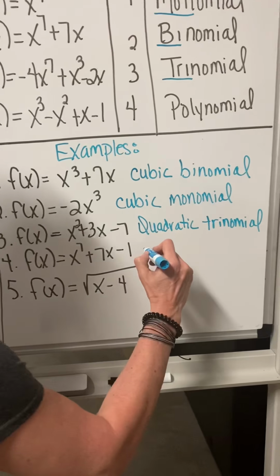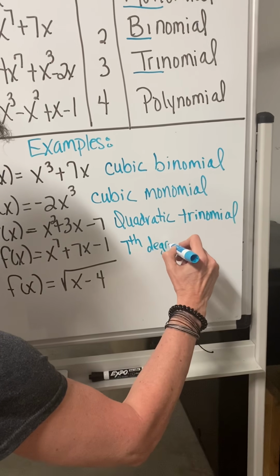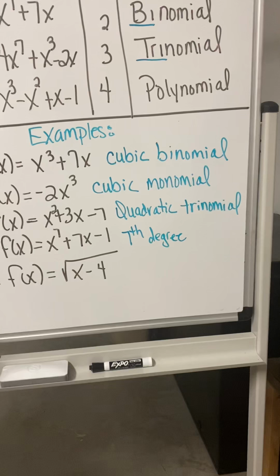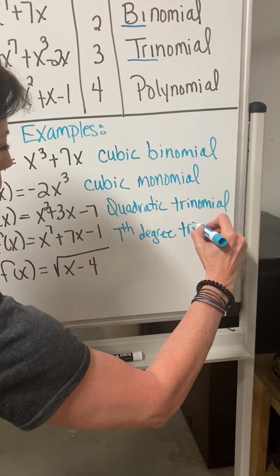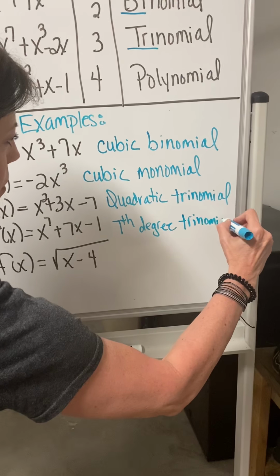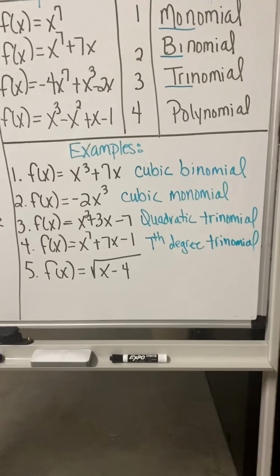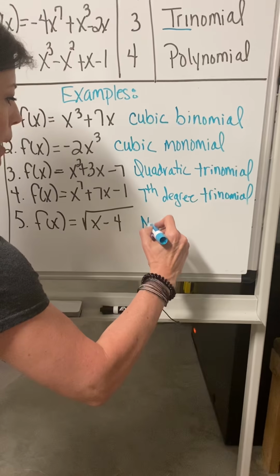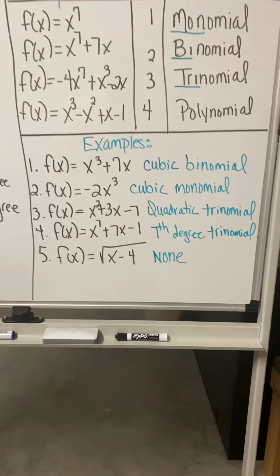So this is going to be a 7th degree, because remember, we don't have specialized degree names after 4. There's 3 terms, and that would also be a trinomial. Okay, now this last one, this is not a polynomial at all because it's under the square root symbol. So this would be none. It does not have a polynomial name because it's not actually a polynomial.